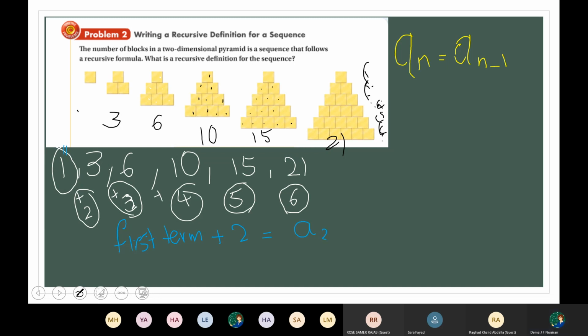Then the second term, which is 3, plus 3, I will get the third term. Then I say 6 plus 4, I will get the fourth term. So what did you notice from here? I noticed that the previous term plus the number of the term, I get the new one.